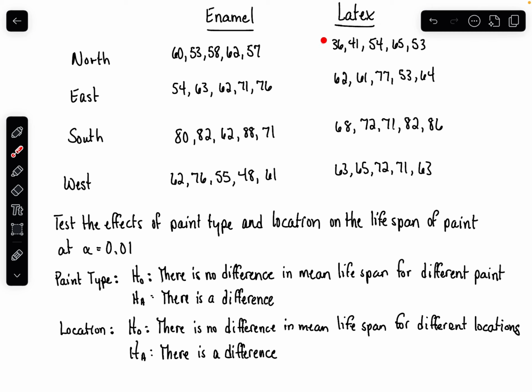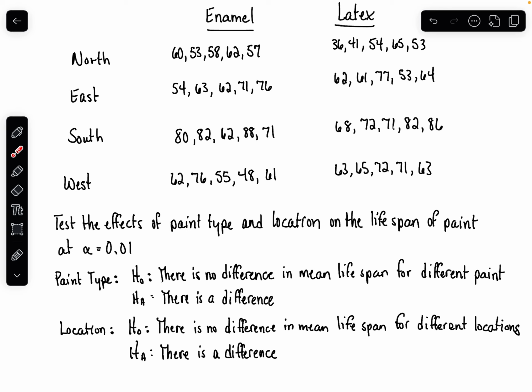Whereas the latex only has one value in the 60s, and all the others are in 30s, 40s, and even lower 50s. I would certainly expect a lower average, a lower mean for latex paint than for enamel, just in the North region alone. However, we're not looking at just the North region. We're looking at all of them.